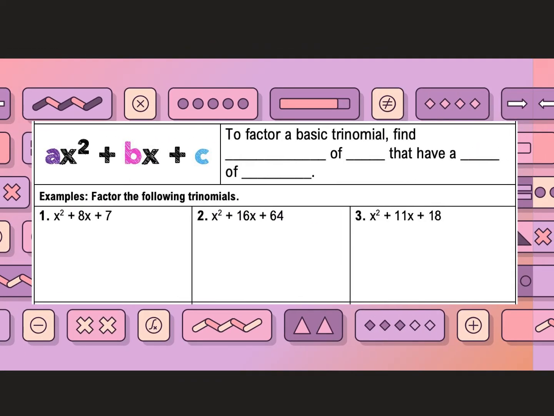All right, so now we're going to look at factoring using our basic trinomial.